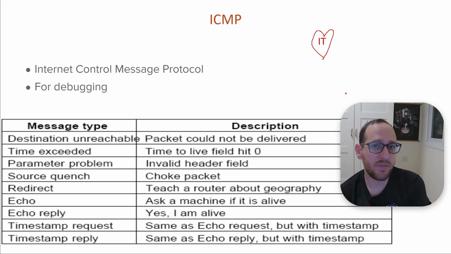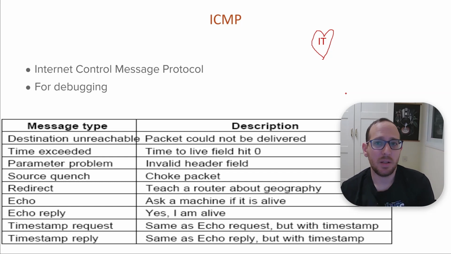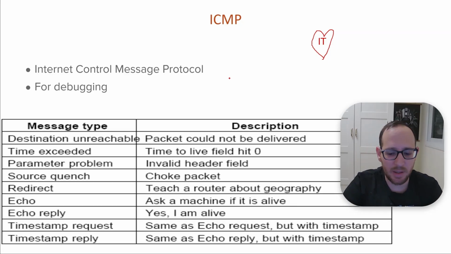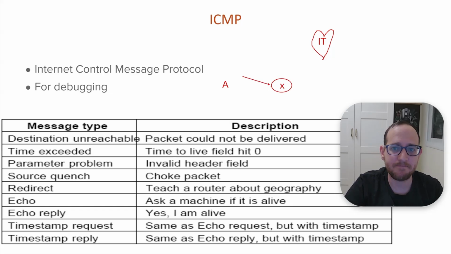ICMP is used for various things, and it has a type for the message. So I wanted to introduce you to the message types and what they actually mean. First option is destination unreachable. That means that I sent a packet, let's say I'm A, and I have a router X. This router receives a packet from A, and the packet has a destination address of 1234.